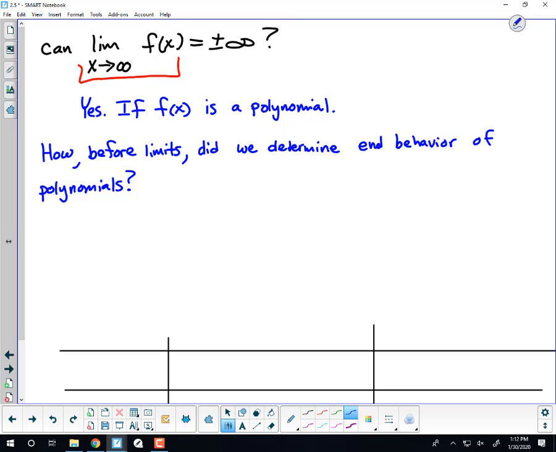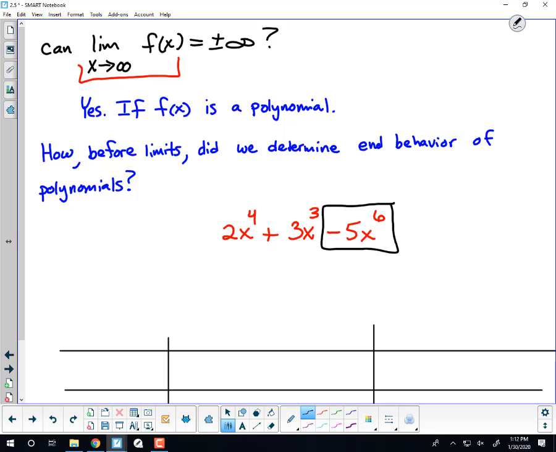But it had to be a very particular thing, right? Like if I said, what's the end behavior of this function? We can't just look at one of those. We had to look at a very specific one. Which one do we have to look at to determine where the arrows go? The leading term, yeah. We had to look at the leading term, and how did we find the leading term?